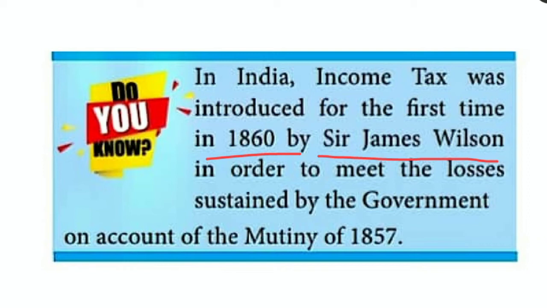What was the situation at that time? The 1857 revolt was responsible. Because of the 1857 revolt, the British government met many losses. The Great Revolt of 1857 is otherwise called, as we told in the classes, the first war of Indian independence.